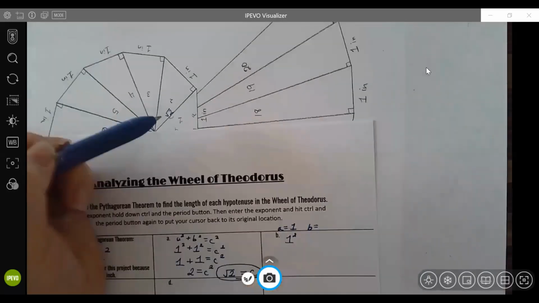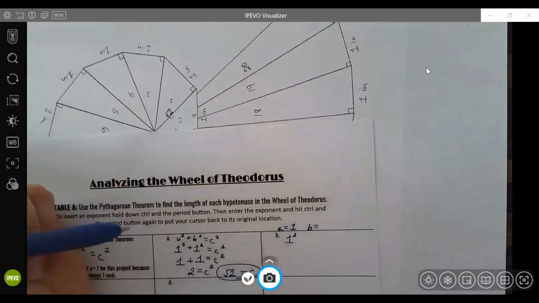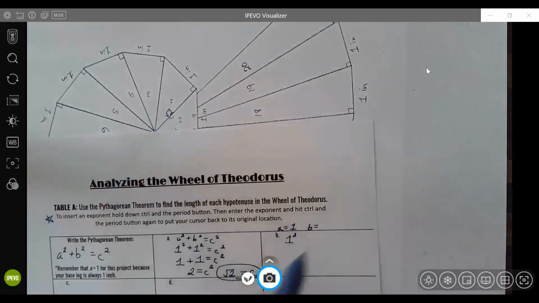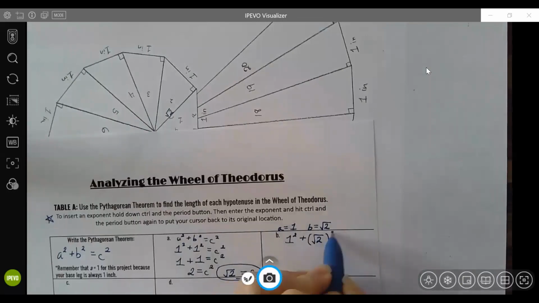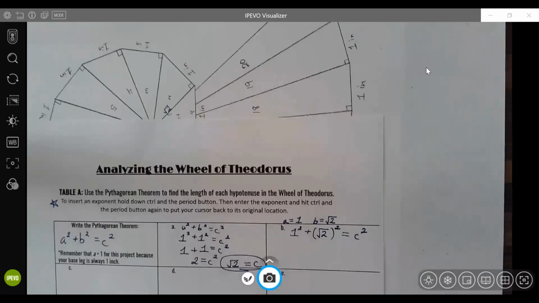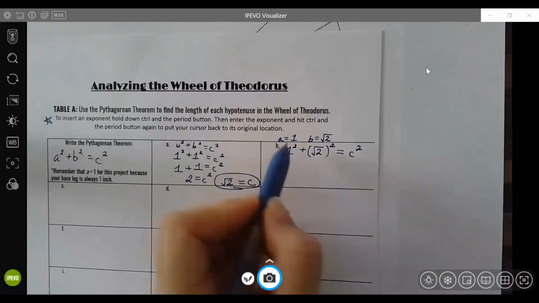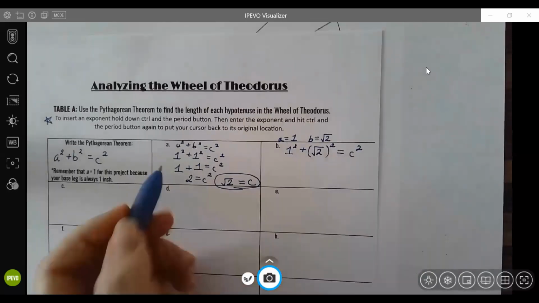B, this leg right here is actually the hypotenuse from my first triangle. And so I'm going to pull that information that we just found. B is now the square root of 2. And so I'm going to add the square root of 2 in for my B, substitute that in, and that will equal c squared. In order to solve for this part of my equation, 1 squared, we just said, is 1.